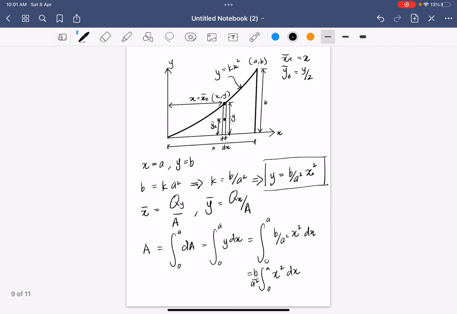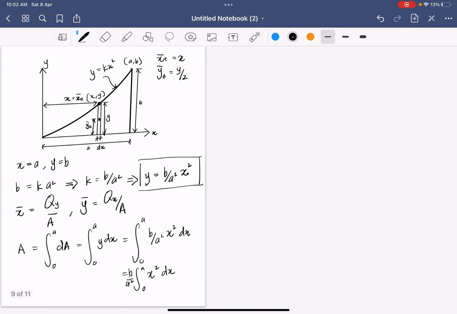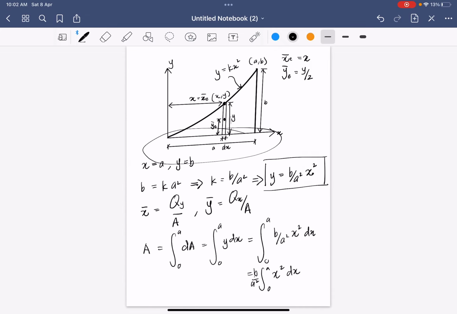So we have defined the A. Now we will find the Qy. The Qy actually is equal to the integral of x bar e dA, with the limit from 0 to a, based on this base of the parabolic spandrel.